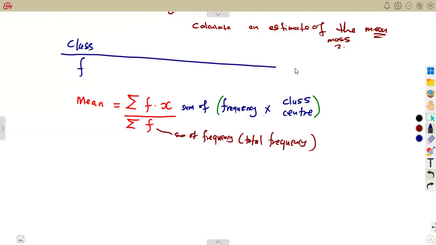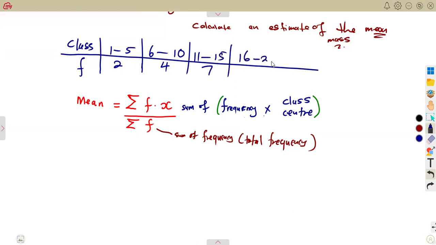Just going to have a small table for that. We are given 1 to 5. The frequency is 2. 6 to 10. The frequency there is 4. 11 to 15, 7. 16 to 20, that is 5, and 21 to 25, which is a 2, something like that.